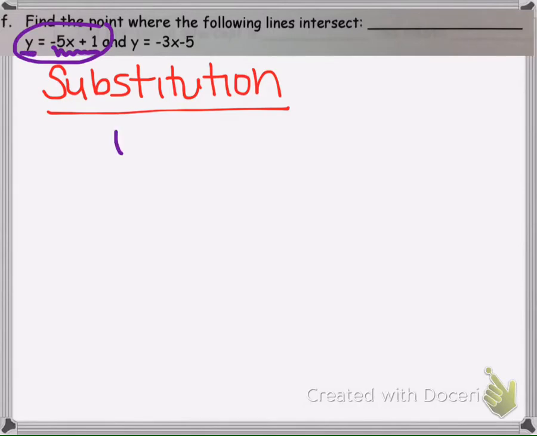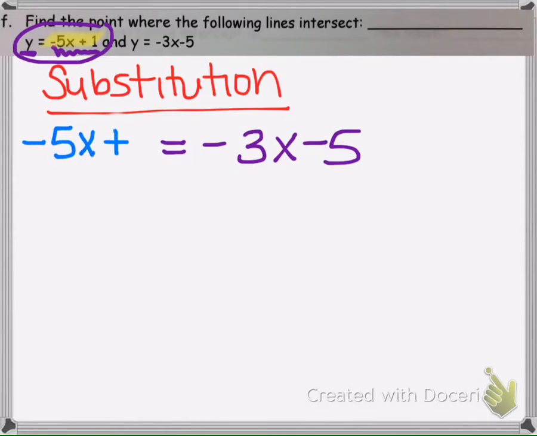I'm going to take the second equation, take out y, and put in negative 5x plus 1. So I plugged the first equation into the second one, and now I have to solve.